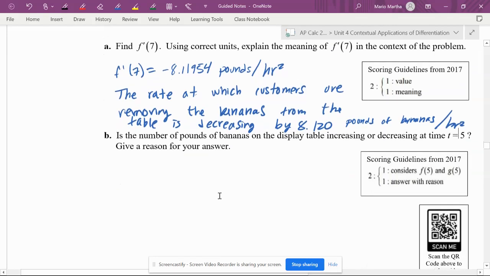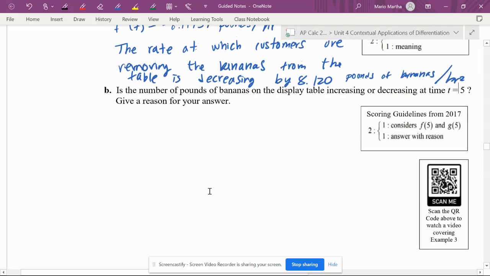And then question B, it says, is the number of pounds of bananas on the display increasing or decreasing at t equals 5? So it says give reason for your answer. So one thing we want to know is which rate is greater. Since it's already at 5, that means they're restocking already, right? Because it's past the first 3 hours.